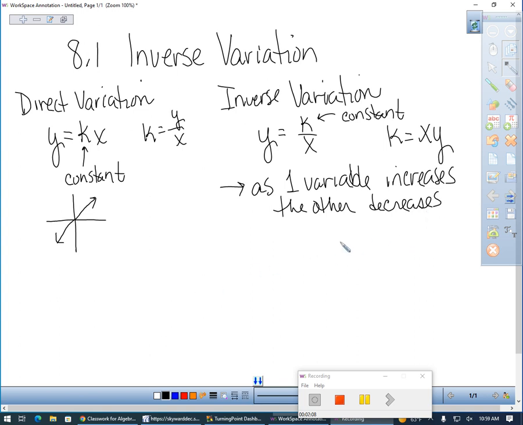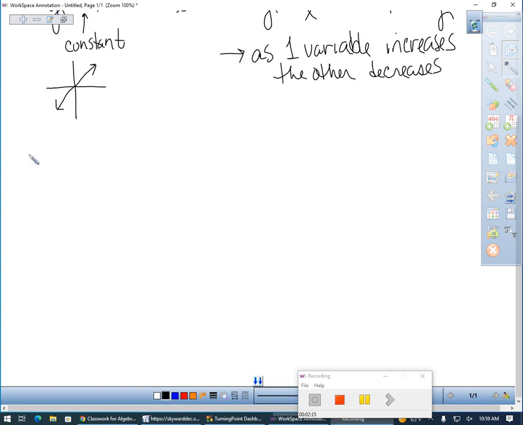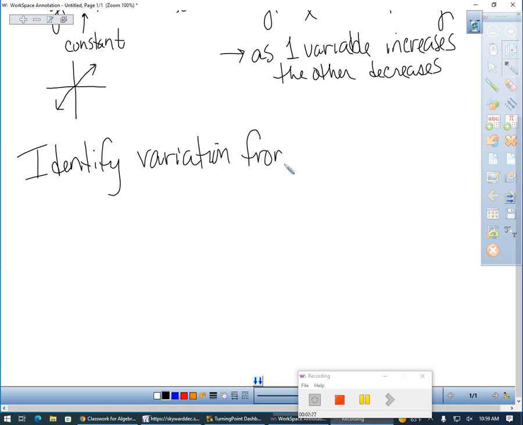All right, so let's talk about how to identify it from a table. Start with that.